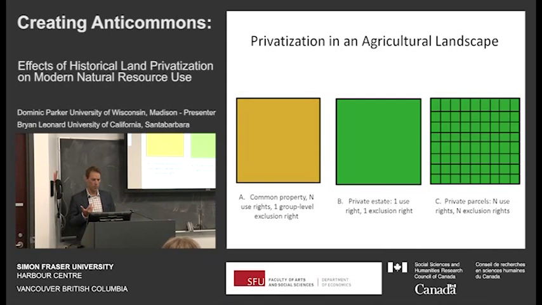Under the common property regime, there's some group exclusion rights, so it's not pure open access. It's common property. There's end users, and all those users can use the land. And the predicted effect by standard economic models is you have underinvestment in the productivity of the land, which is why I colored this brown. So you had a visualization of that.